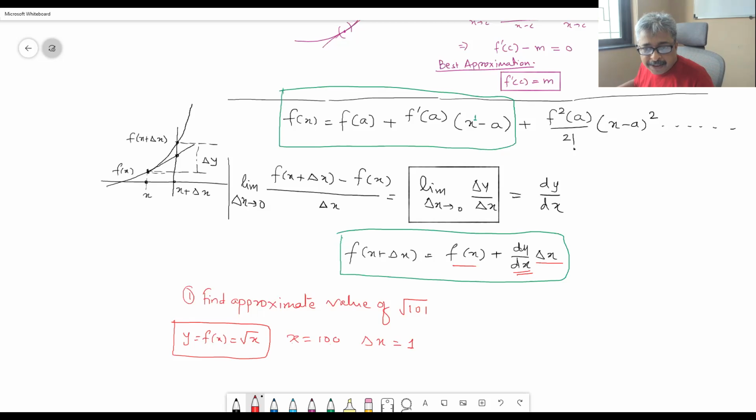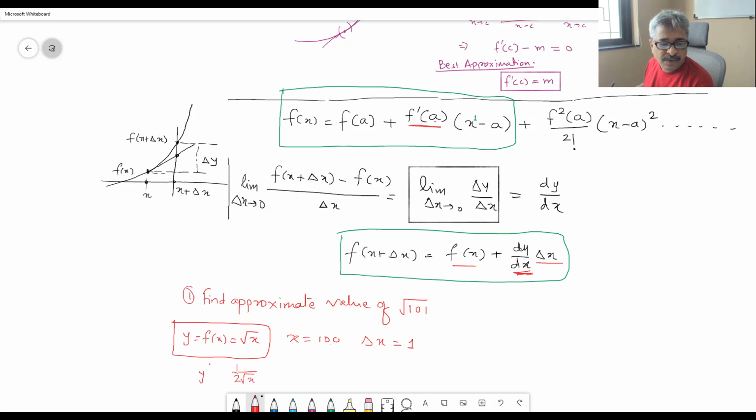So dy by dx evaluated at x is equal to 100. That is what we want to figure out. Because this dy by dx I have written here, if you observe here, it is evaluated at a. So what is dy by dx of root x? It is 1/2 x raised to minus half.